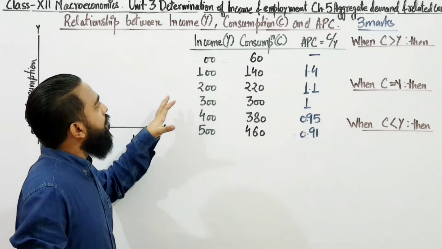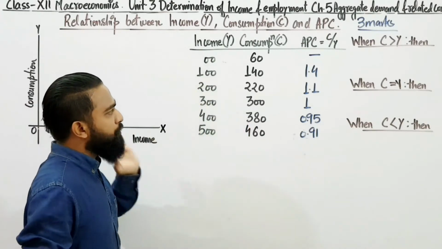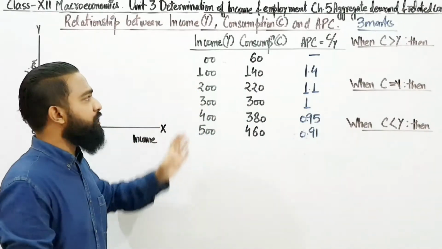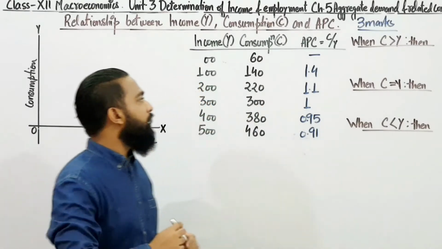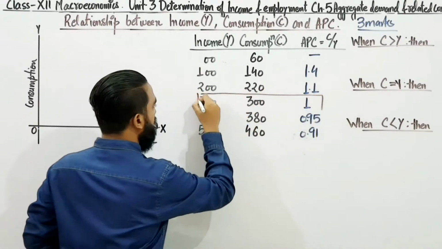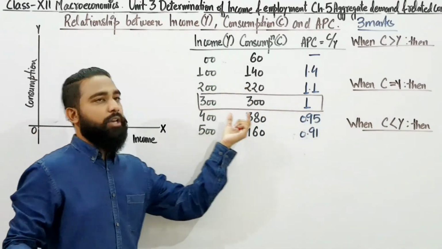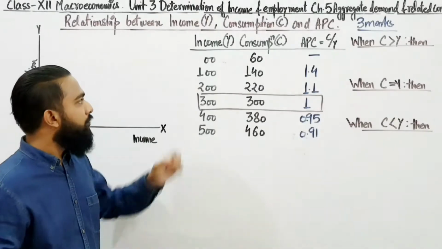Now you have calculated the value of APC and you have got 3 types of value. You have to establish a relationship between these 3 values. Now if you separate this one, here the value of APC is 1. Why? Because income and consumption are equivalent.